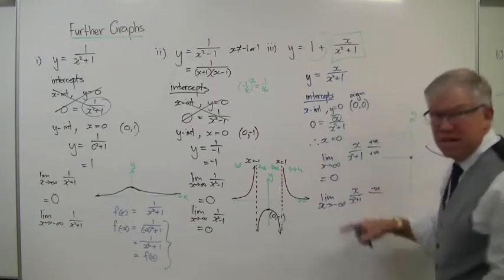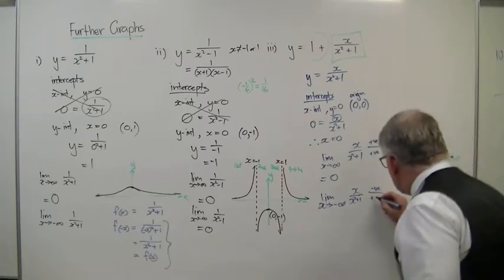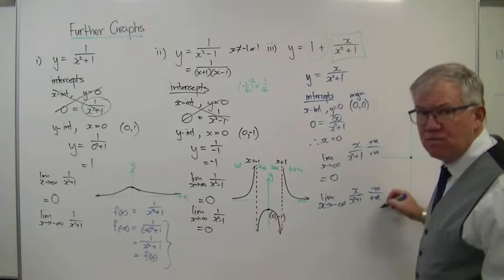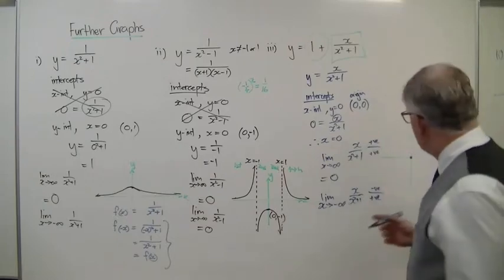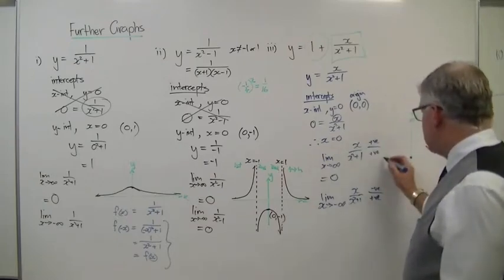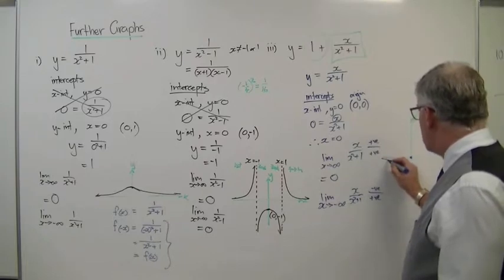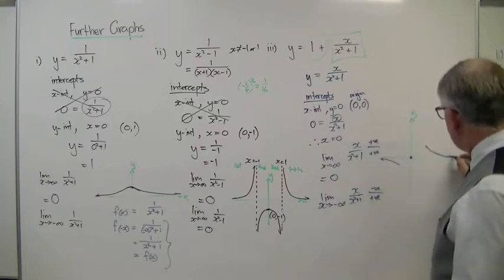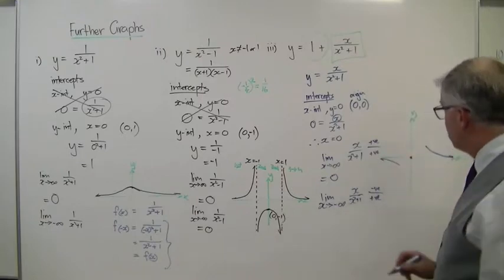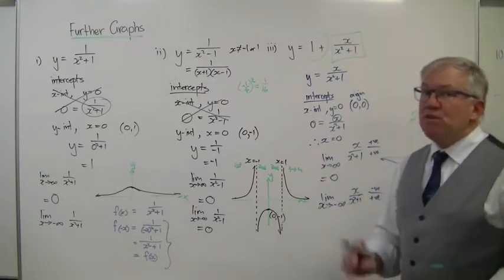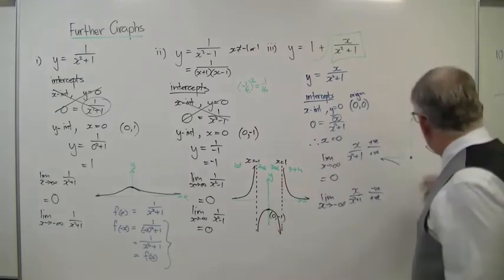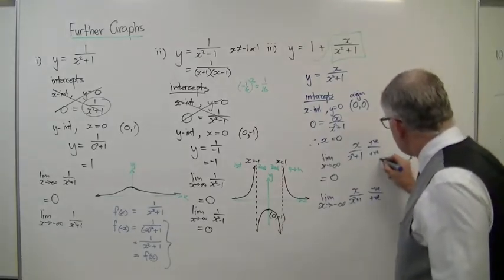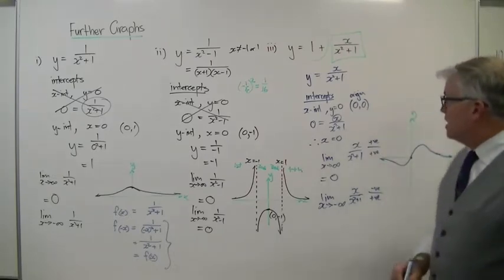So the denominator is always going to be positive. And a negative number divided by a positive number gives you a negative. So this approaches the x-axis from below. Over this side, it approaches it from above. Over this side, it approaches it from below. And if we plotted lots and lots of little points, what we would find is that this function would look like that.